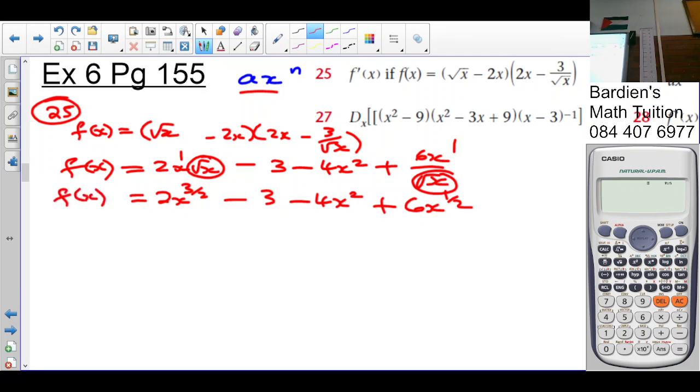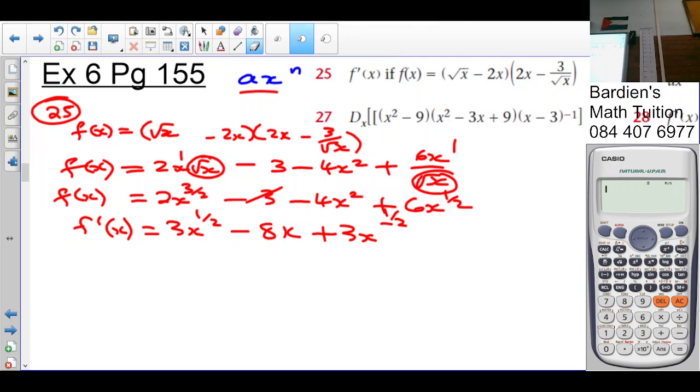Can I apply my derivative now? Yes. So f prime of x is equal to 2 times 3 over 2 is 3x, minus 1 is going to give you half. The derivative of constant is 0. Negative 4 times 2 is negative 8x, minus 1 is x. Plus 6 times half is 3x, minus 1 is negative half. Okay.